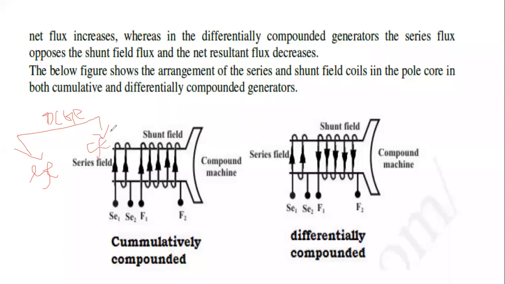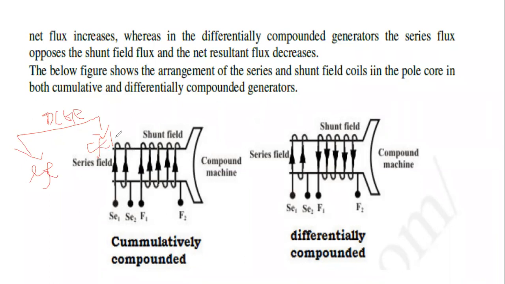What is meant by excitation? Supplying current to the field winding. According to the excitation, the DC generators are classified into two types, separately excited and self-excited.